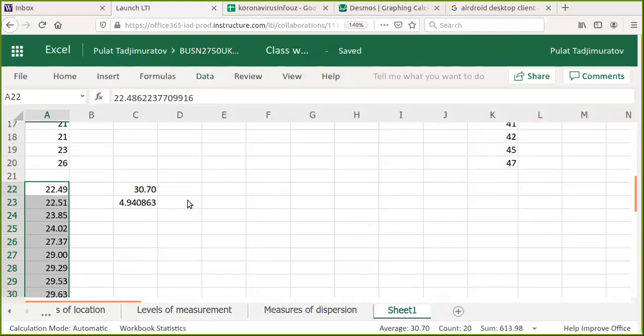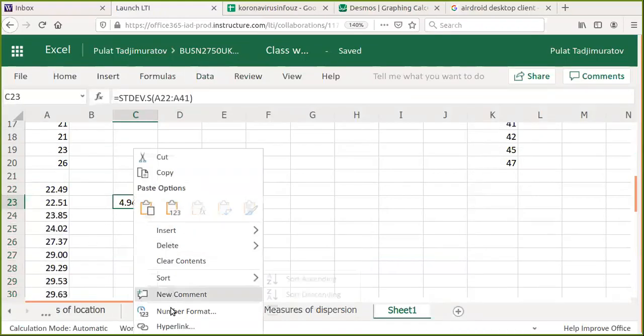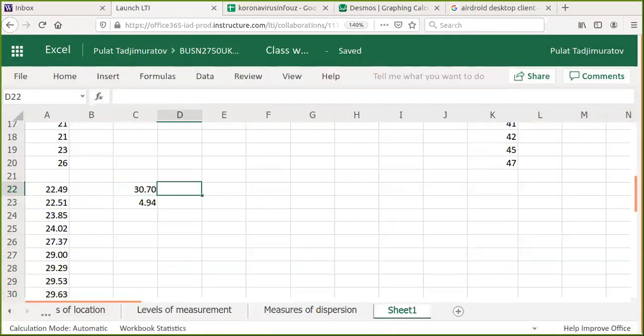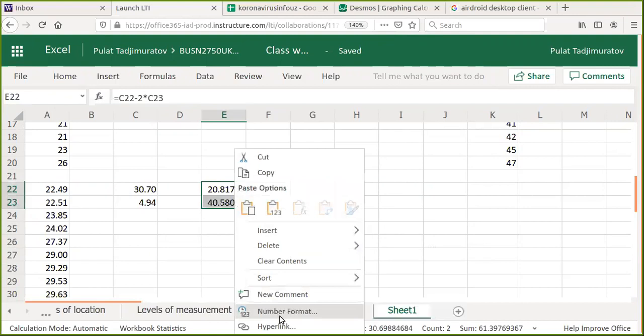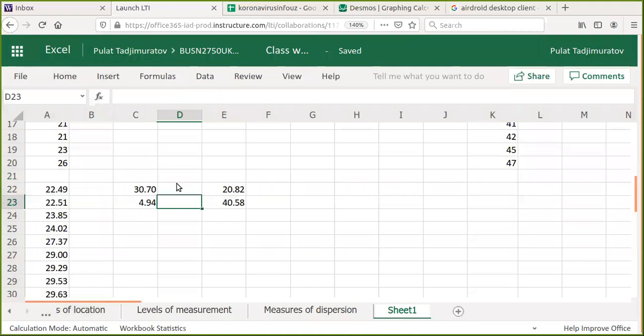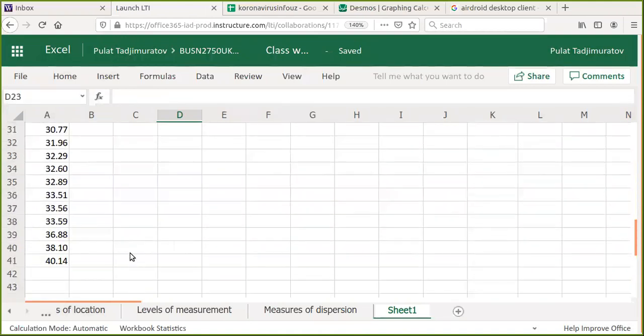We will need them sorted. Okay, so here again the format. And those boundaries of two standard deviations: C22 minus 2 times C23 and C22 plus 2 times C23. Okay, so between 20.8 and 40.5.